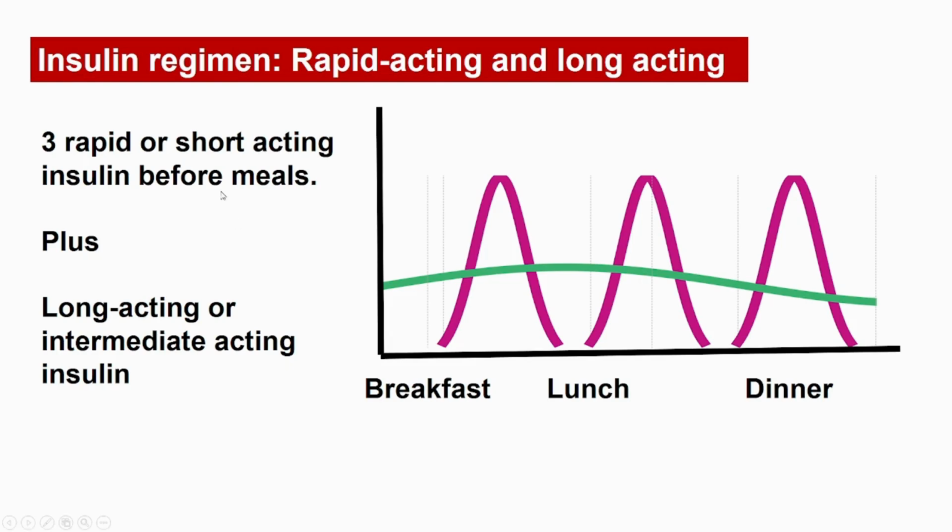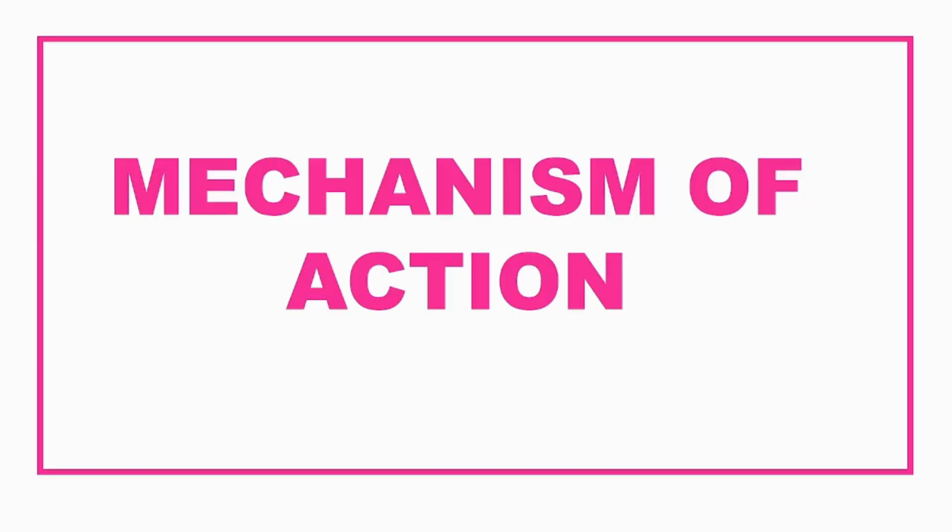So three rapid acting insulin doses are given with breakfast, lunch, and dinner, and then one single dose of long acting insulin can be given at dinner or in the morning. So those are the common insulin regimens with combinations.